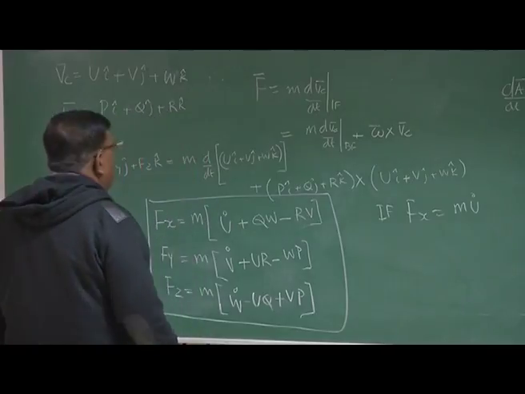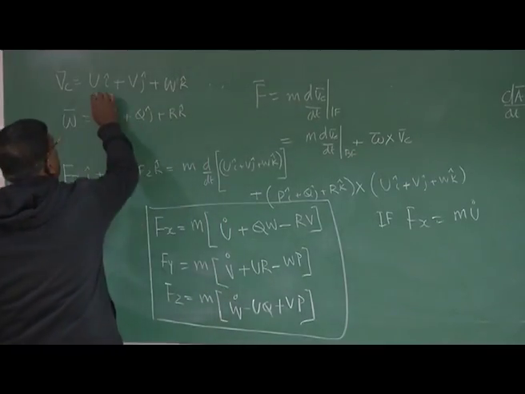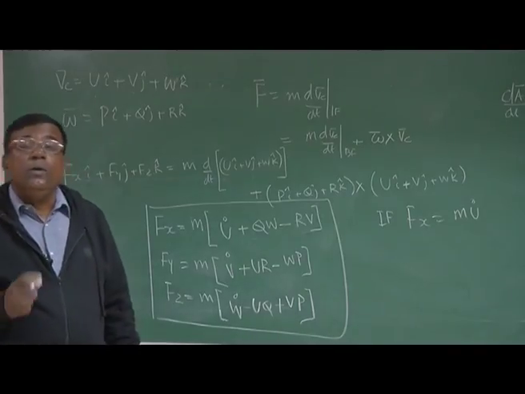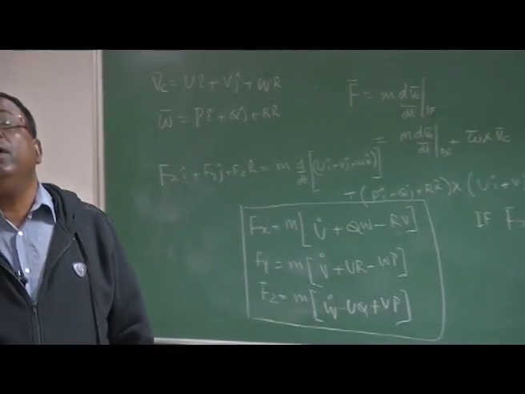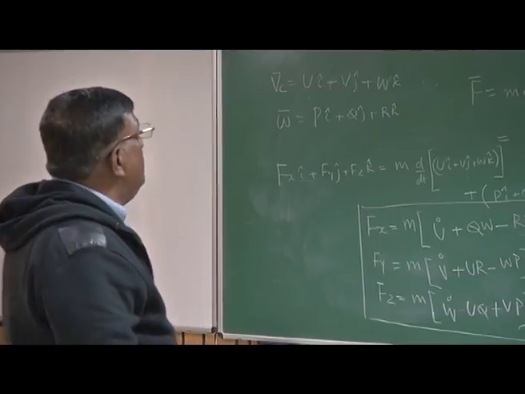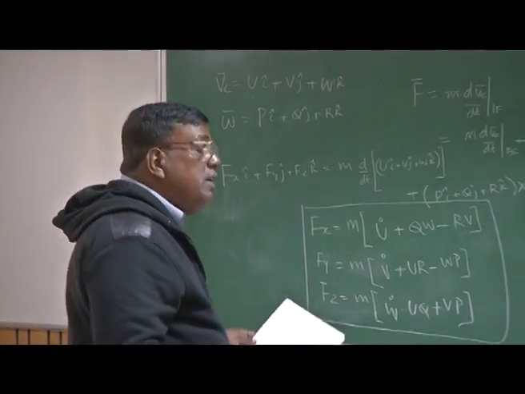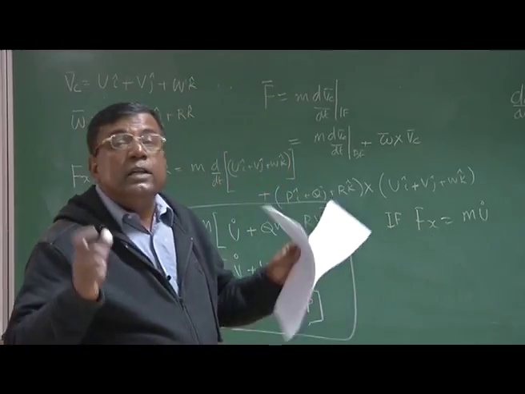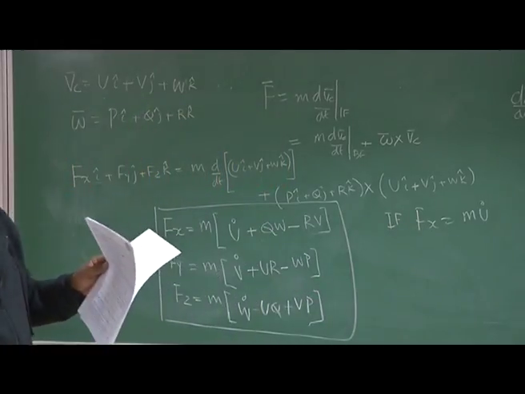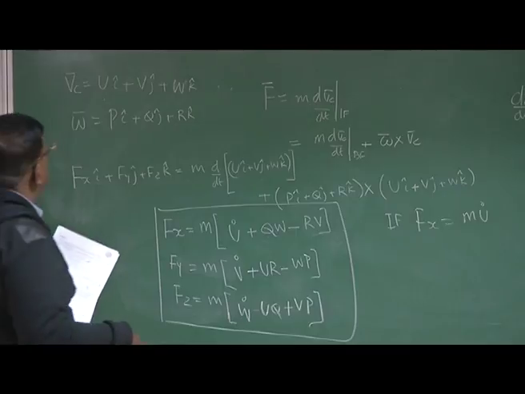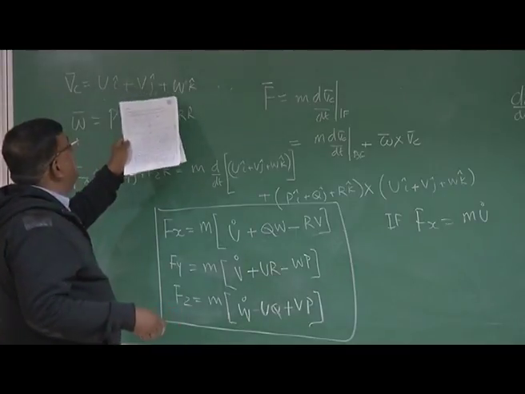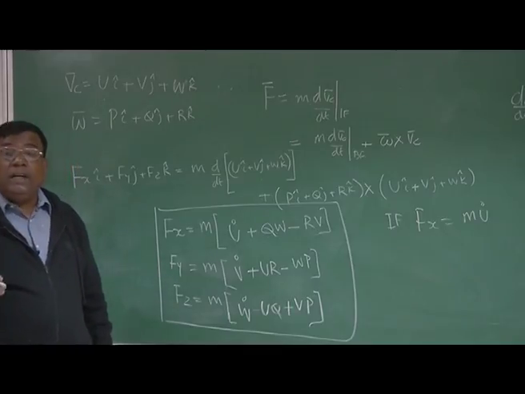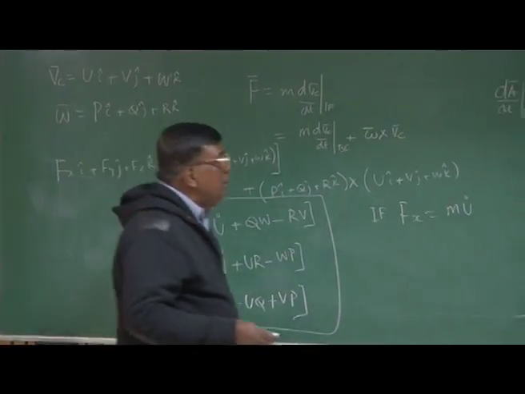I repeat here, what are u, v, w? u, v, w are the air relative speed resolved into local body-fixed axis coordinates. What is Vc? Vc is the velocity vector with respect to the inertial frame. That can be resolved and written in the local body coordinate system, like we wrote the A vector both ways.